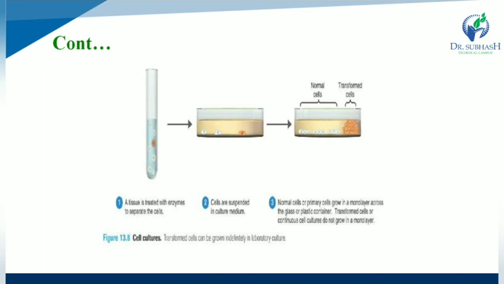First step, a tissue is treated with enzymes to separate the cells. Second, cells are suspended in the culture medium. Third, normal cells or primary cells grow in a monolayer across the glass or plastic container, and transformed cells or a continuous cell culture do not grow in a monolayer. So that is the figure of cell culture.